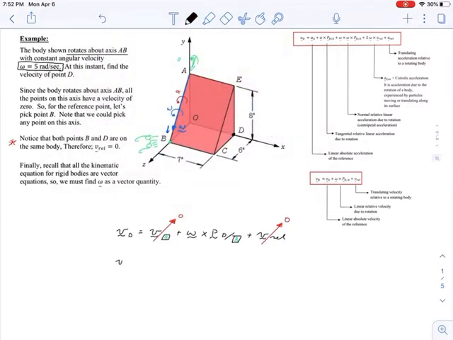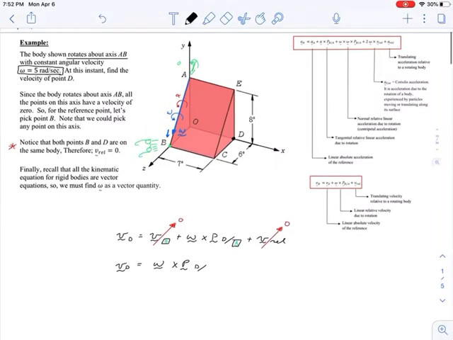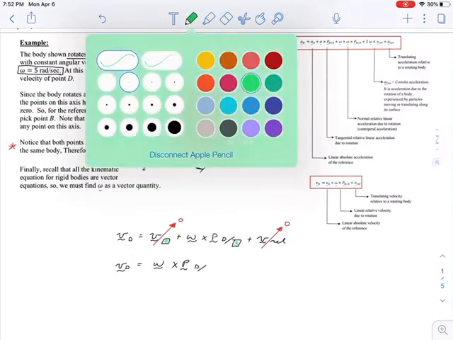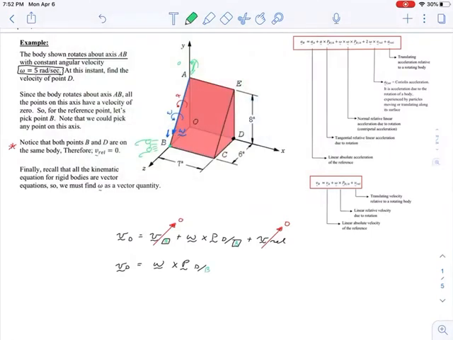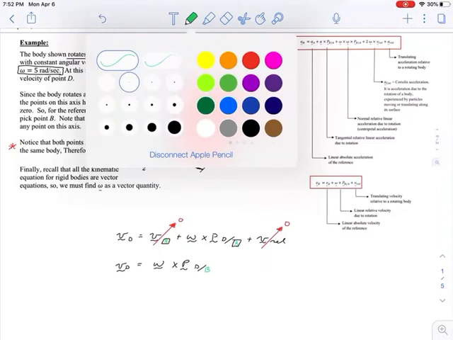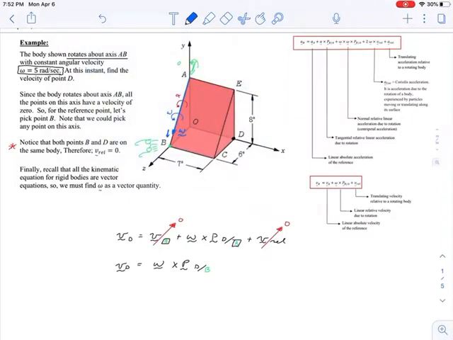So now we can say that V_D is equal to the angular velocity cross the position vector of D relative to B. All we need to do is find these two vectors, do the cross product, and we will be done. Let's find these vectors.